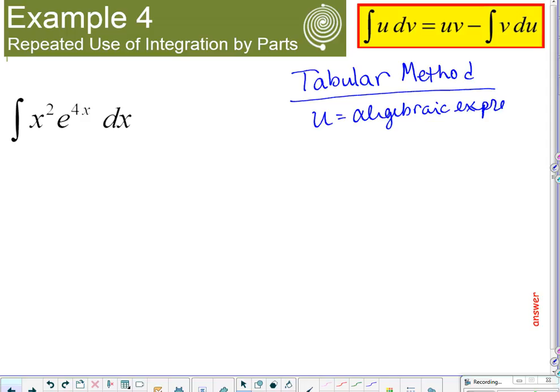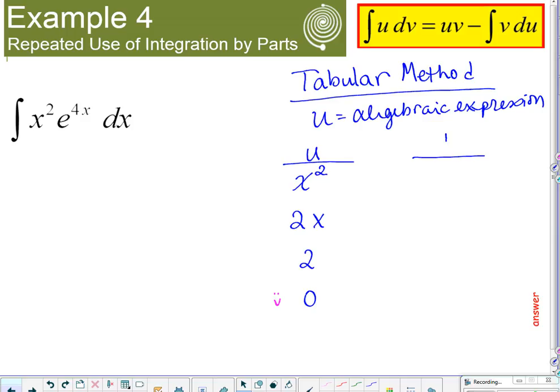Because what we need to have happen is our column that we're assigning to be u, which I'm going to say let's let it be x squared, needs to eventually zero out. So if I take my derivatives, I march on down through and eventually I hit 0. That is a very good problem then to set up as the tabular method.